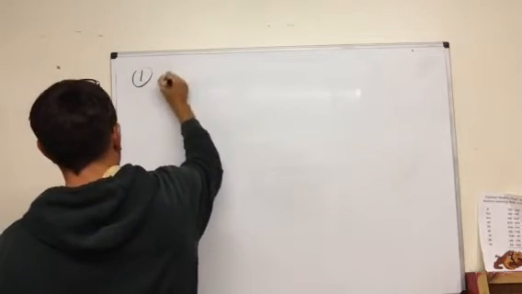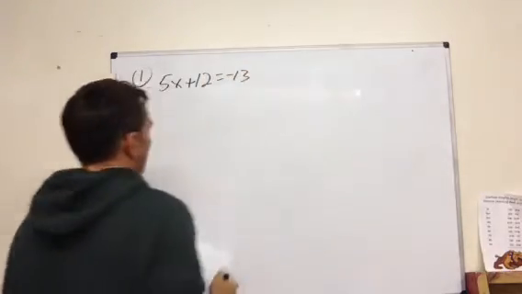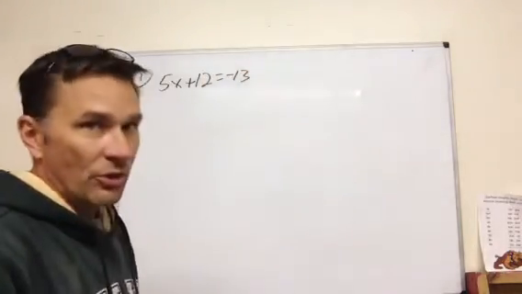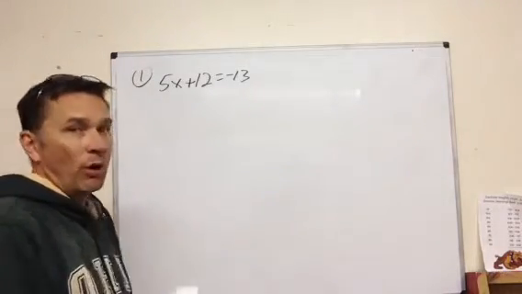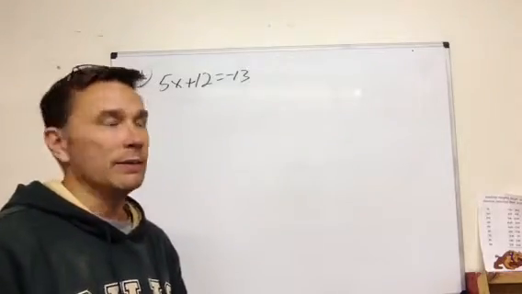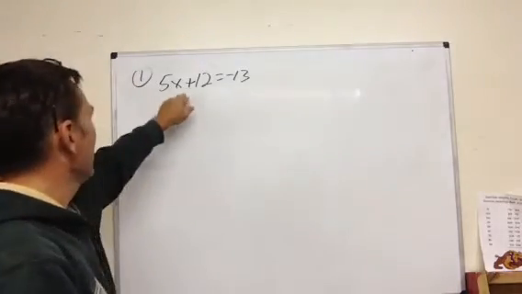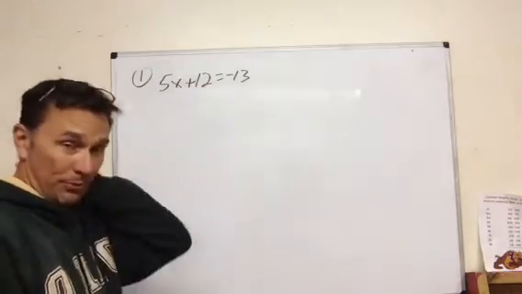So problem 1. 5x plus 12 equals negative 13. Unlike the problems we did before, they were just one step. We either added opposites, or we divided. One of the two. Here, though, we're going to have to do two steps.